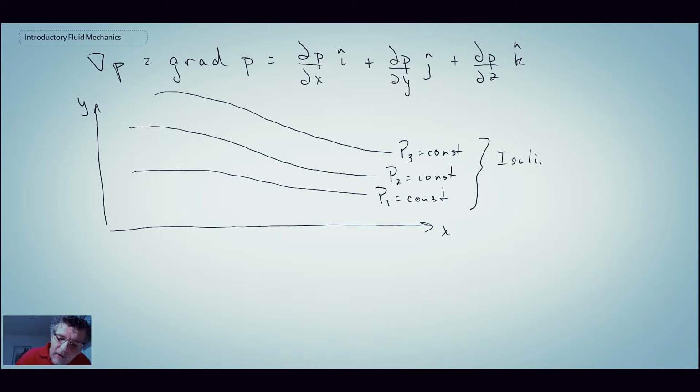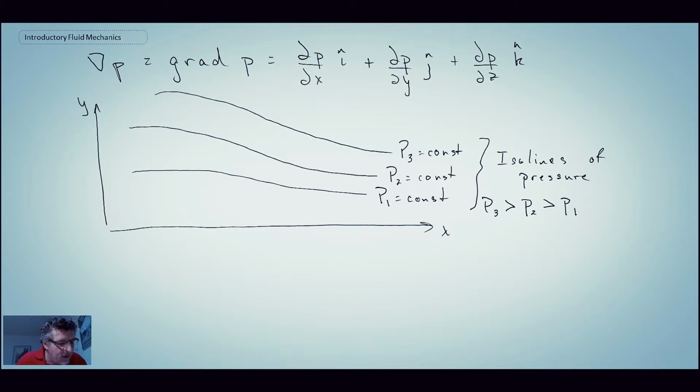And these are isolines of pressure. If we're dealing with temperature, those would be isotherms. Theoretically, it should be isobar for constant pressure. And we're going to assume that P3 is greater than P2 is greater than P1.